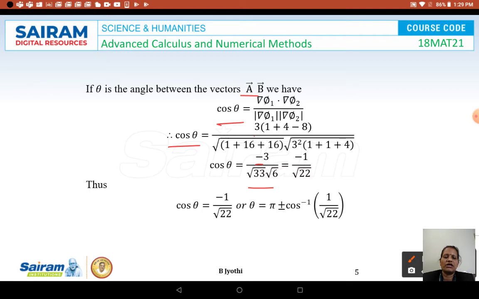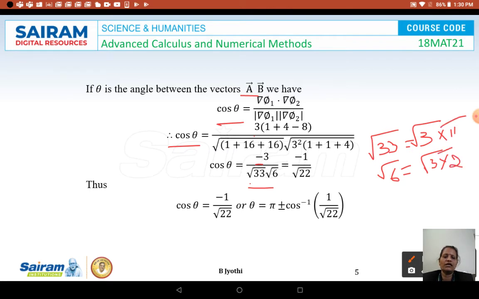Root 33 can be written as root of 3 into 11, and root 6 as root of 3 into 2.